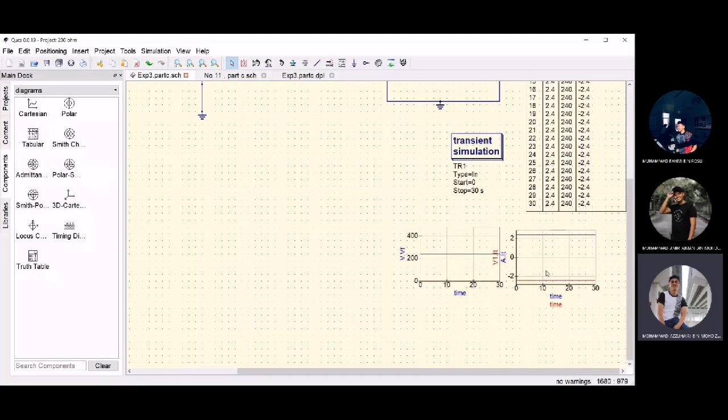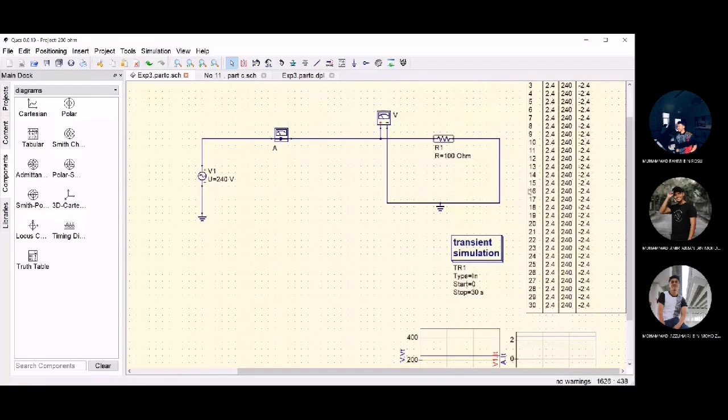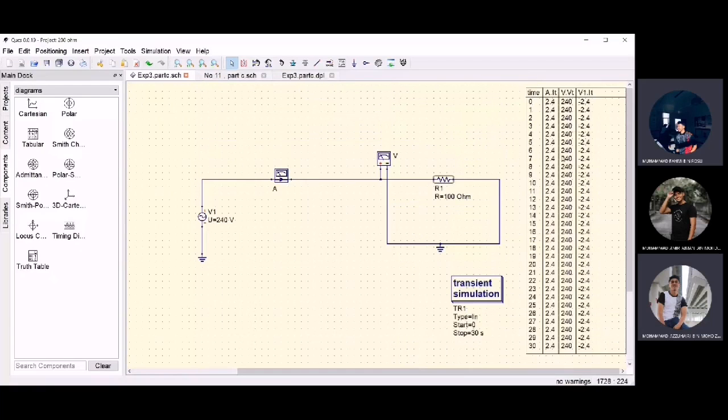By using this graph, we cannot get the precise value for the voltage and the current. So we use the tabular, and we will get the voltage and current values.